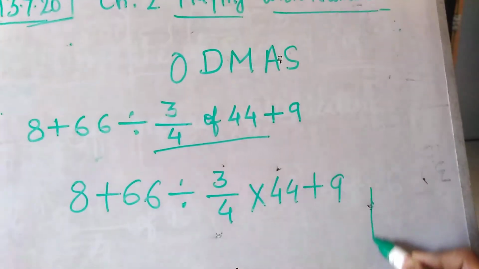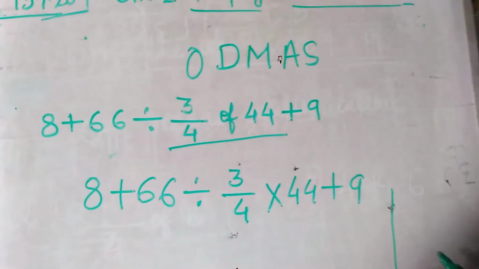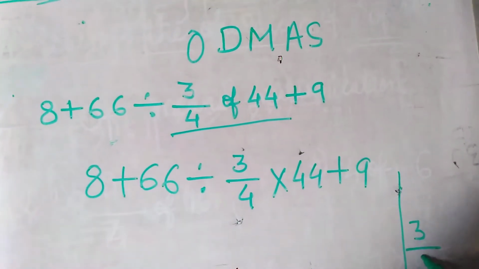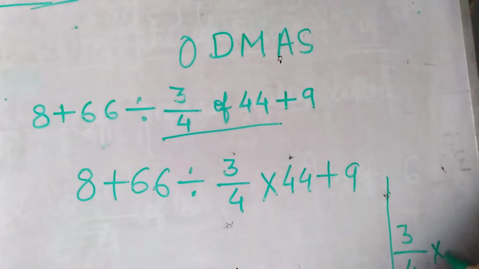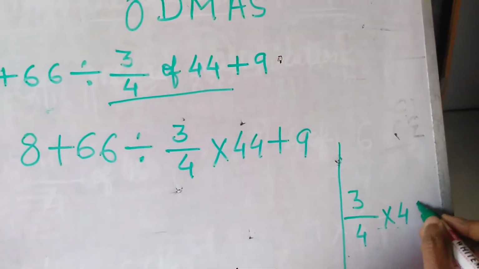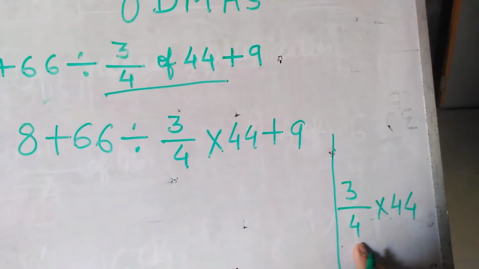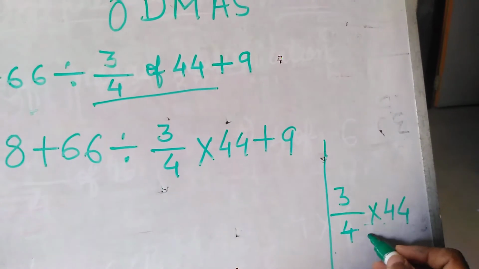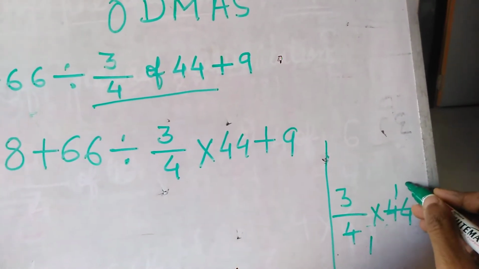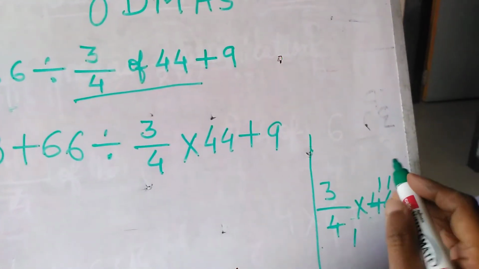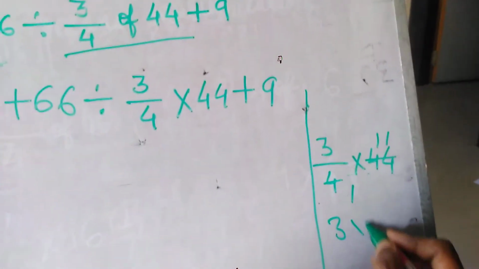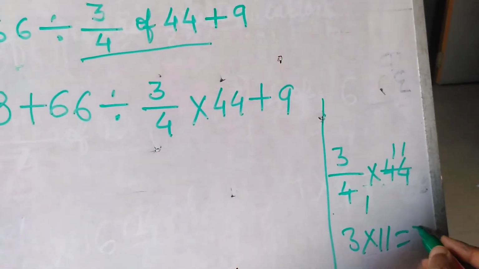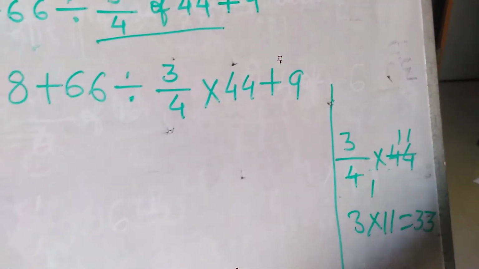And now in the rough column I will be showing you how to solve this, 3 upon 4 multiplied by 44. Just now I told, as 4 is in the denominator, we can divide this number: 4 ones are 4, 4 ones are 4. So the quotient is 11. So 3 into 11 gives me 33. 11 threes are 33.